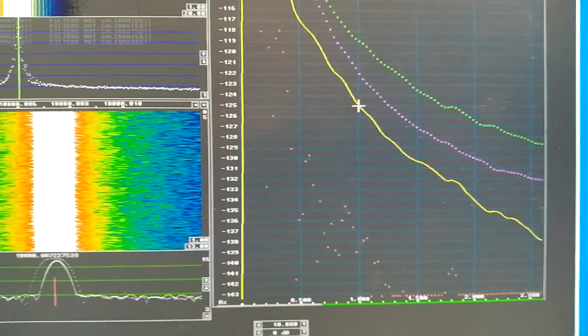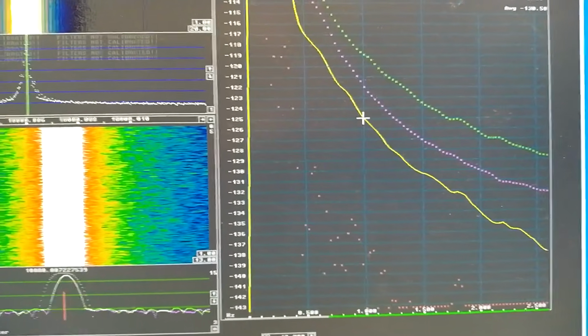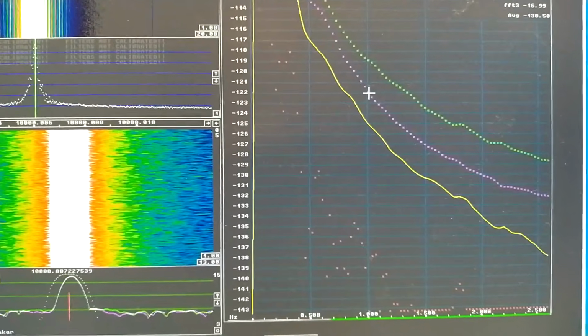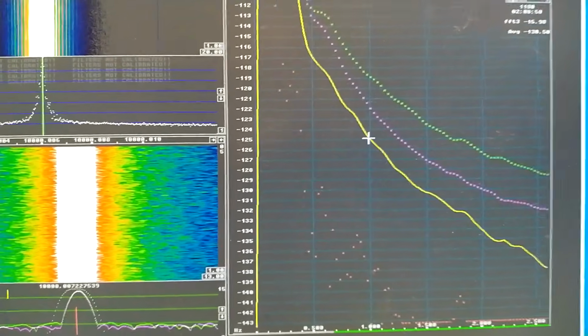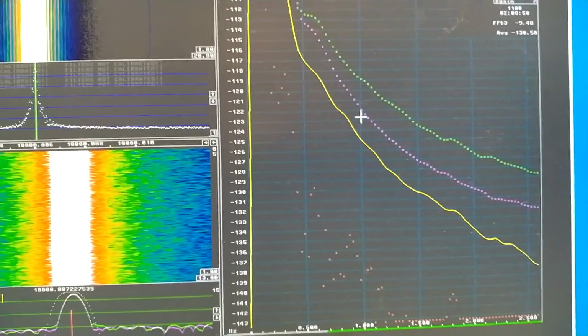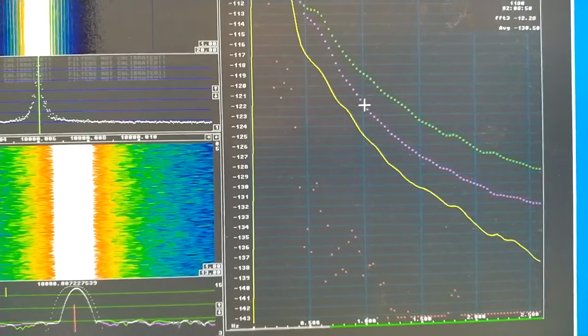And it's interesting to see that my reference oscillator number 2 plus the noise of this oscillator I'm testing is at minus 122.